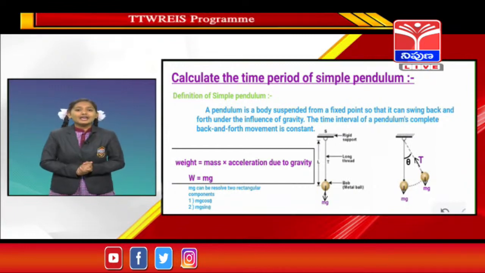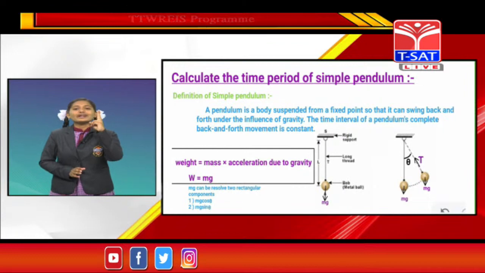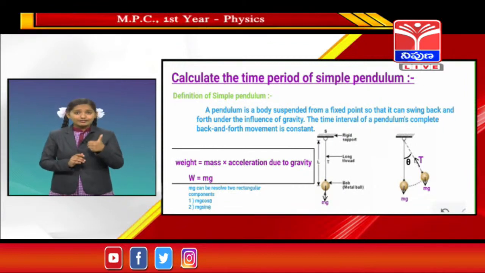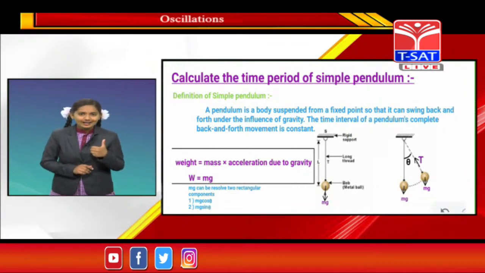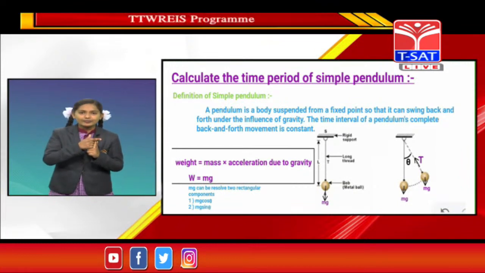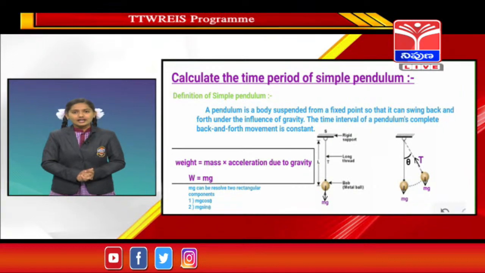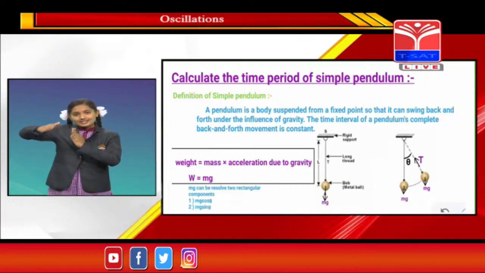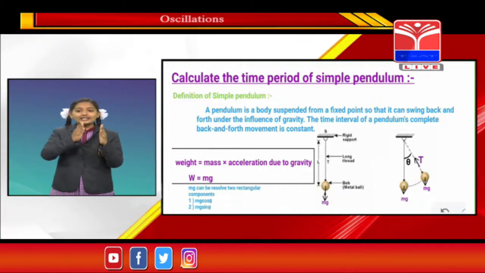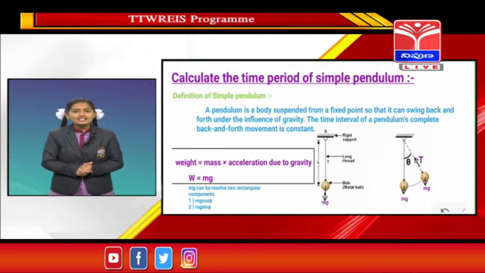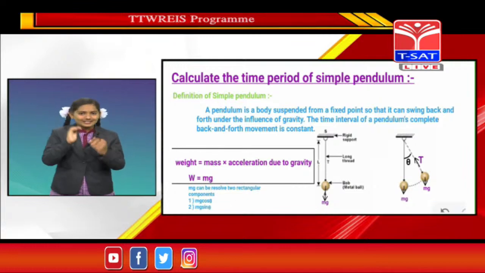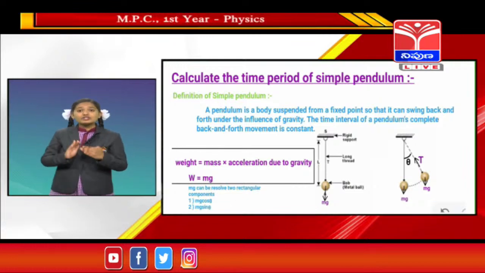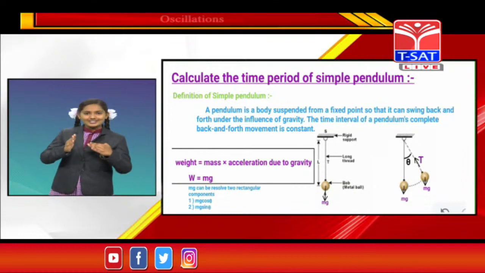The mg resolves into rectangular components. The first one is mg cos theta and the second is mg sin theta. mg cos theta balances the tension, and mg cos theta acts along the string. mg sin theta is perpendicular to mg cos theta, and mg sin theta is the restoring force.